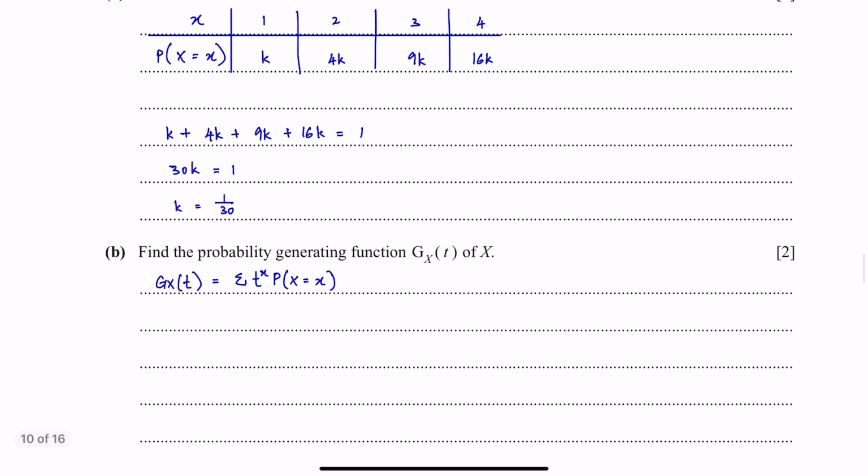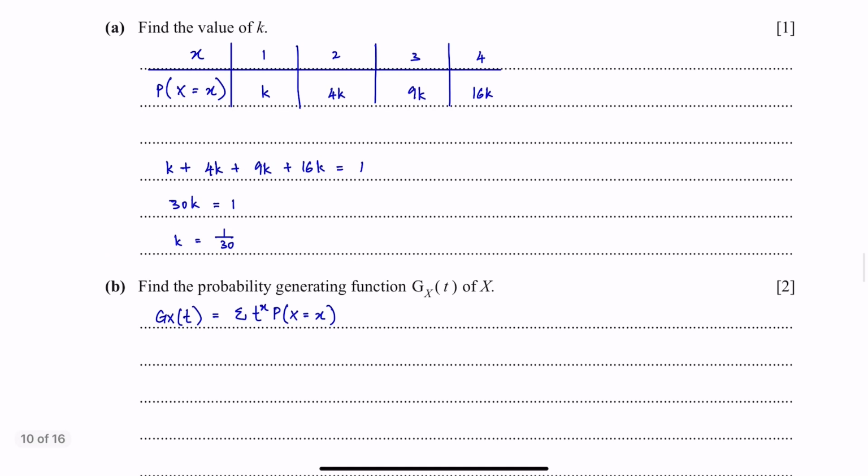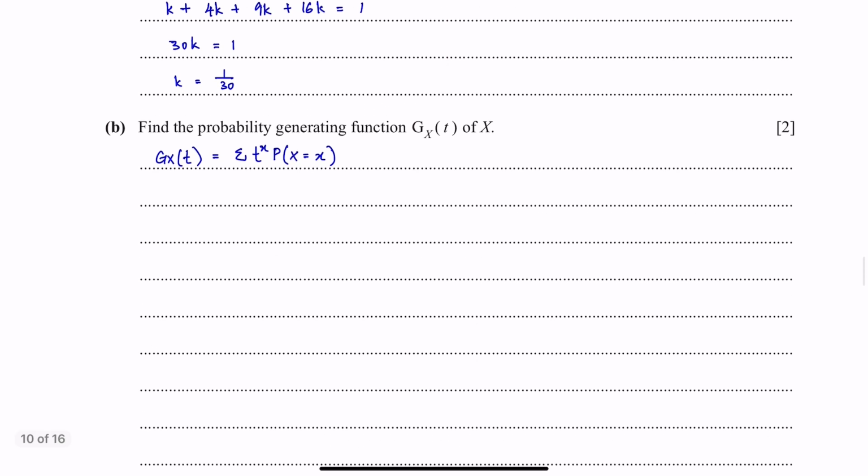So this means that we just multiply this with t to the power of 1 plus this times t to the power of 2 plus this times t to the power of 3 plus this times t to the power of 4. So we have 1 over 30 t plus 4 over 30 t squared plus 9 over 30 t cubed plus 16 over 30 t to the 4.